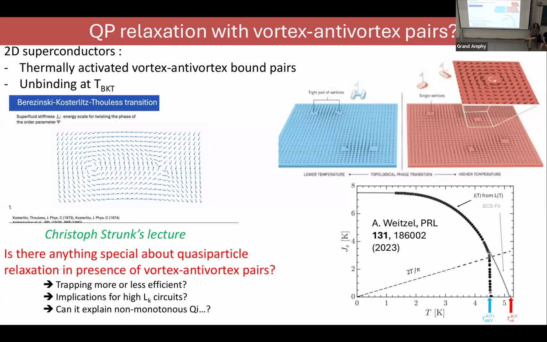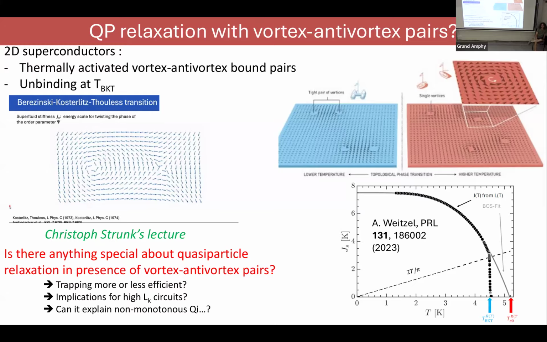I don't know whether the cross section is different, but what to keep in mind is that these vortex anti-vortex pairs are not static. Like generation-recombination processes of carriers in semiconductors, they appear and recombine all the time. So if you start with a vortex anti-vortex pair, trap some quasi-particles there, and then they annihilate, you set all the quasi-particles free.